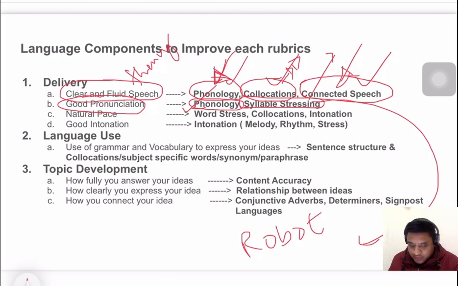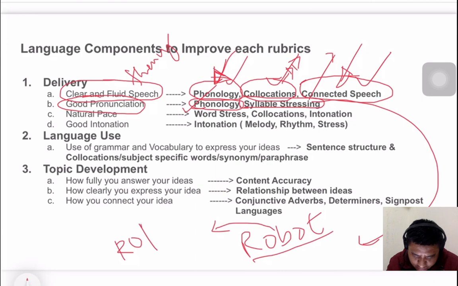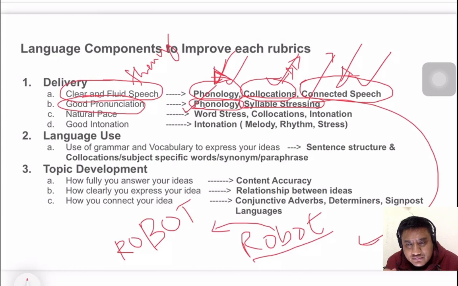And then what they do is they say "robot," with the stress on the first part. But did you know that this word is pronounced "robot," with the stress on the second part? You have to stress the "bot."